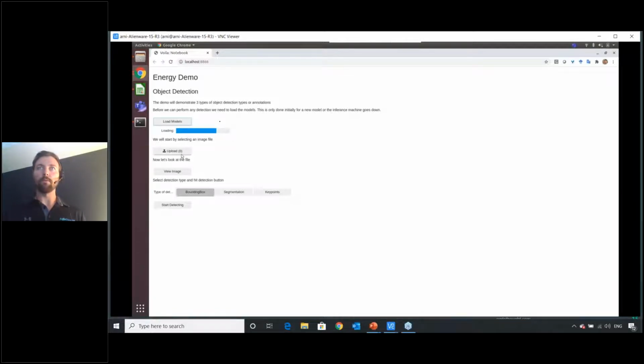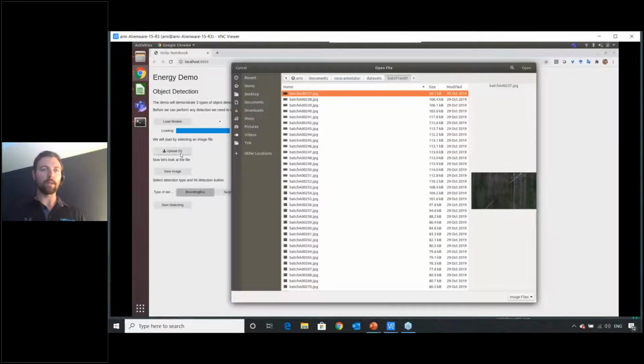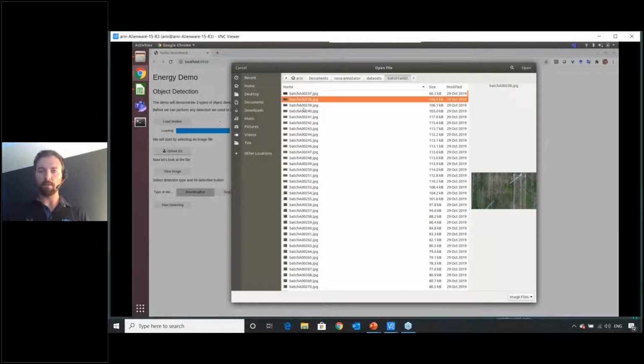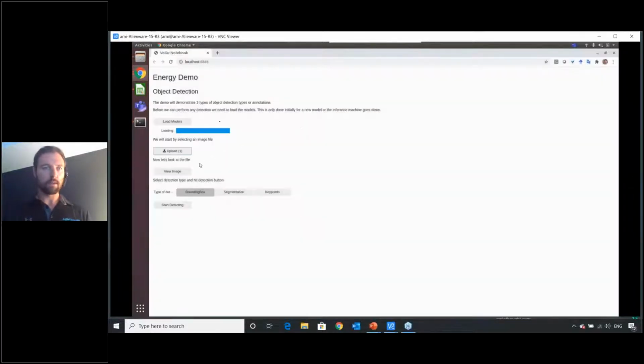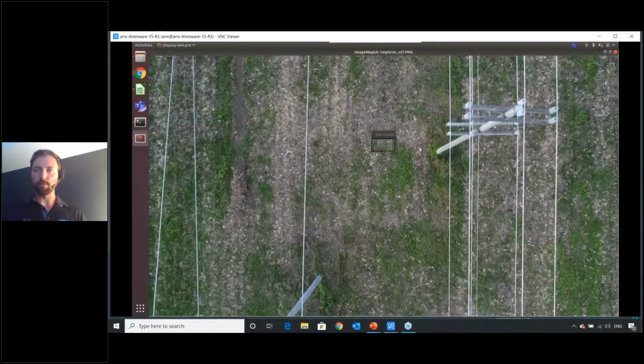And then once it's finished loading up, we can select an image. So here we have some images from an actual drone recording, and all the frames have been pulled out. If we take, for example, this one, and take a view of this image, we can see there's a pretty good top view of those towers.